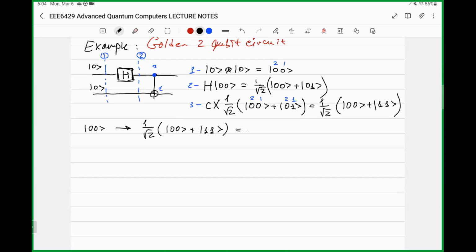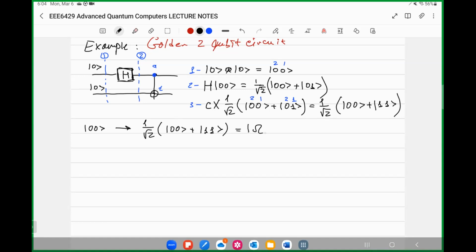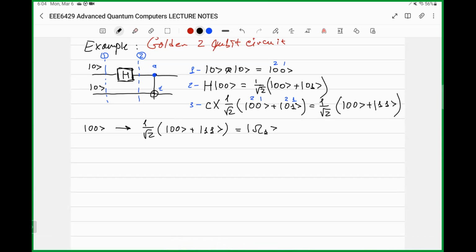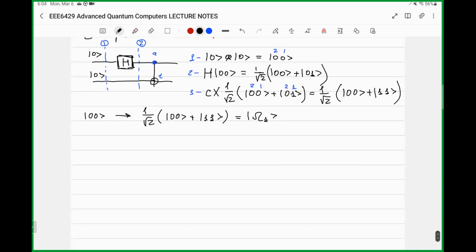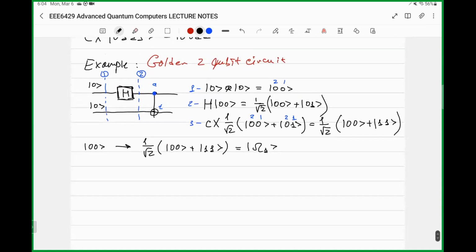This is nothing but the Bell state, the first Bell state, which is denoted as this capital sigma with index 1. So what this simple circuit does, it takes two qubits and creates the Bell state. It creates the superposition of two qubits. As you can see, the state is non-separable. You cannot write it as a product of two.